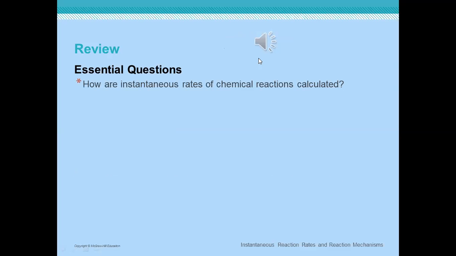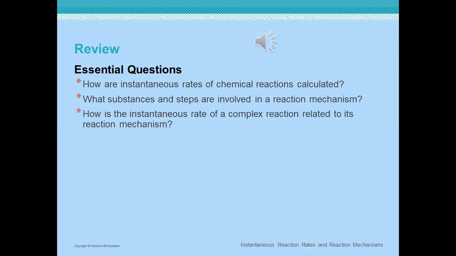After that, the review of the essential questions that we studied before in this lesson. How are instantaneous rates of chemical reactions calculated? What substances and steps are involved in a reaction mechanism? How is the instantaneous rate of a complex reaction related to its reaction mechanism?